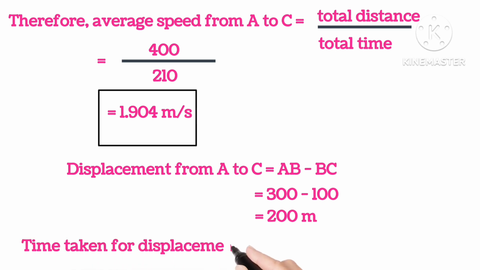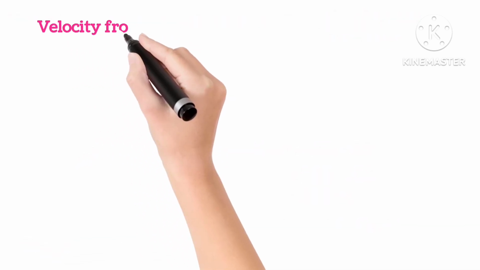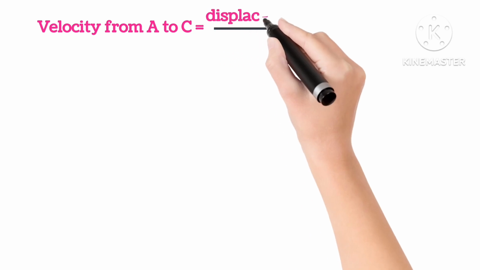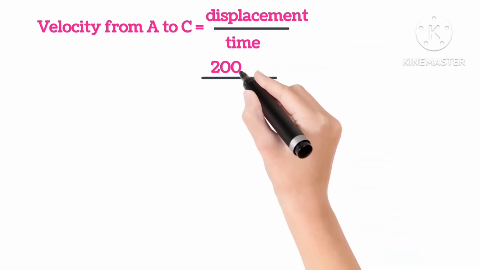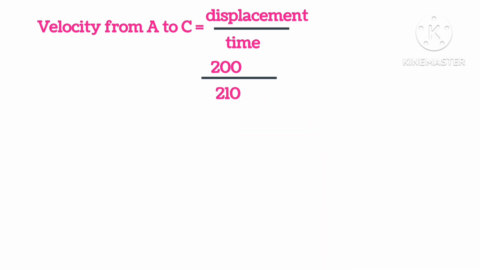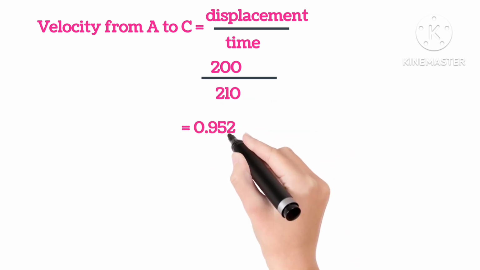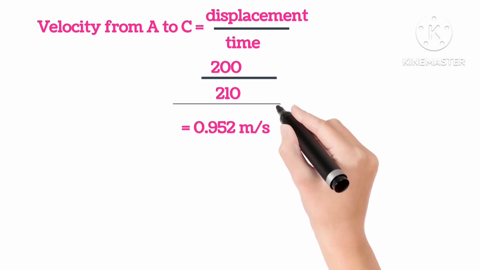And the time taken for the displacement from A to C is 210 seconds. Therefore, velocity from A to C will be displacement upon time. Now putting all the values, we get 200 upon 210, that is 0.952 meter per second.